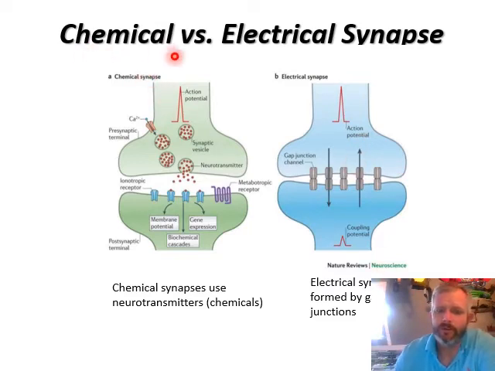The ones we're going to be focusing on, and the more prevalent in the nervous system, are the chemical synapses. You can see what makes up a chemical synapse. We have a presynaptic neuron, the presynaptic terminal, that's the axon terminal. But you can see there is a synapse, there is this little space. There is no physical connection between this cell and this cell.